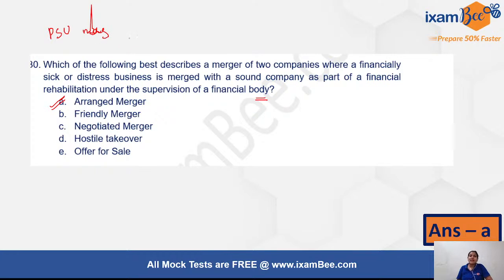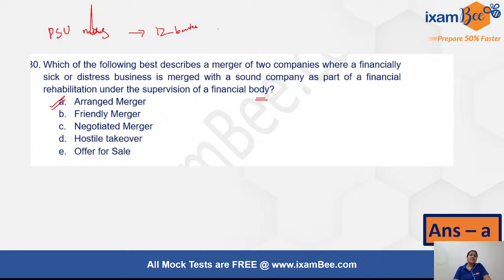Last time, when we brought down the PSU banks to 12 banks, with PNB and many other banks being merged, those were kinds of arranged mergers. So Parmesh and PSP, no, it is not a hostile merger or a takeover.